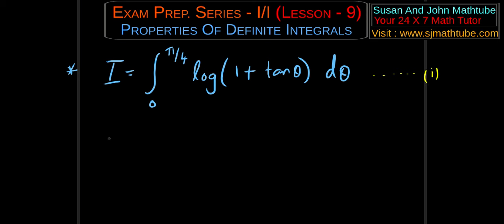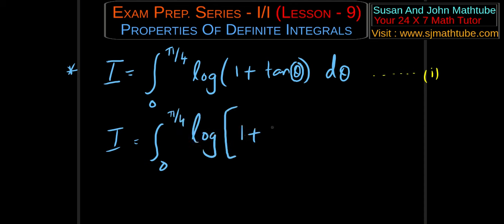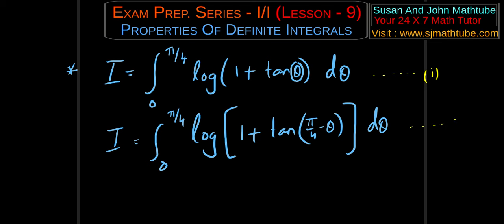Now what we do is we replace this theta with upper limit minus theta, so log 1 plus tan upper limit minus theta, because the variable is theta, not x anymore. I'm using theta over here. You can see the variable of integration here. You just read this part and you'll understand the variable of integration. So I circled that argument part.